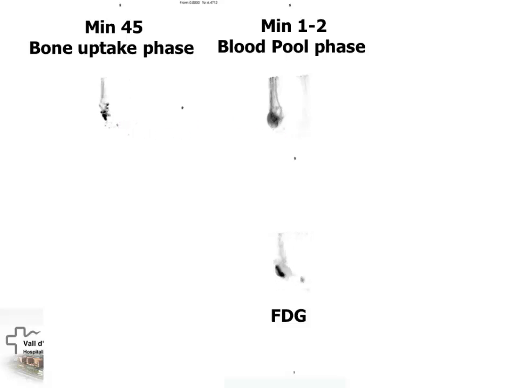We inject the fluorine on the PET CT device, and we obtain one bed of 1 or 2 minutes, in this case 2 minutes, just after the fluorine injection. And here we have the blood pool phase. Look at this image, it's very similar to the image obtained with FDG, because here we have all the inflammatory process before the bone uptake. Okay? And here we have the FDG image.